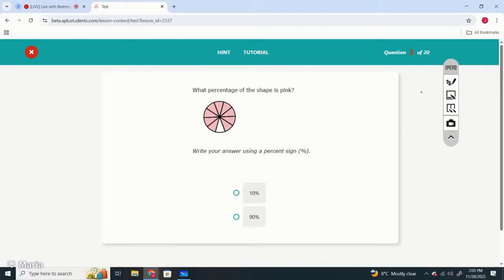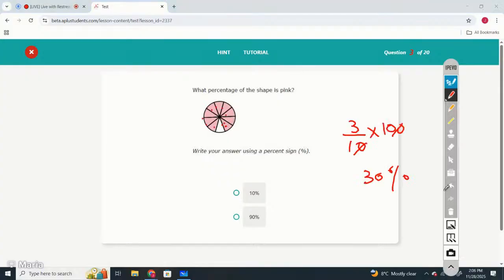What percentage of the shape is pink? 1, 2, 3, 4, 5, 6, 9. 9 out of 10 are pink.